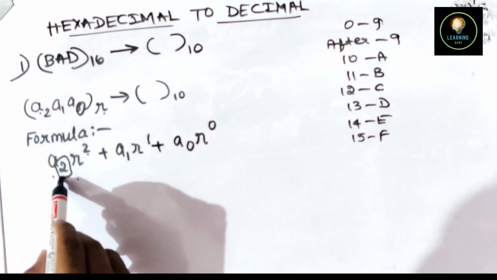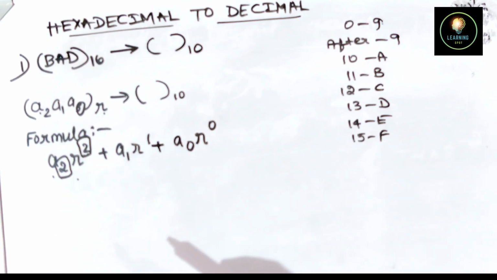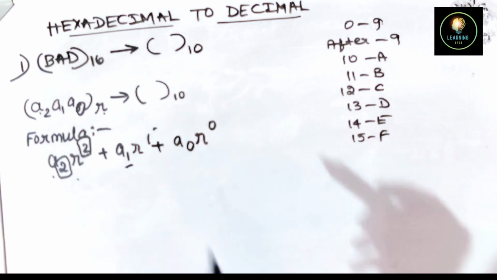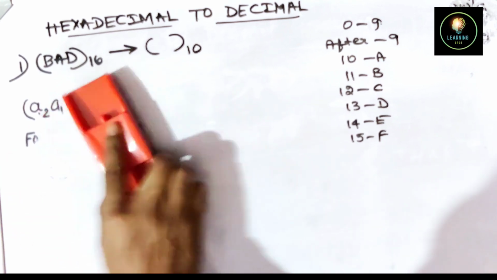If the position is 2, you should multiply the digit with R, the base, raised to the power of 2. Like this, if it is 1 here, you should multiply with R to the power of 1. You won't get it now, so I will solve using an example problem.